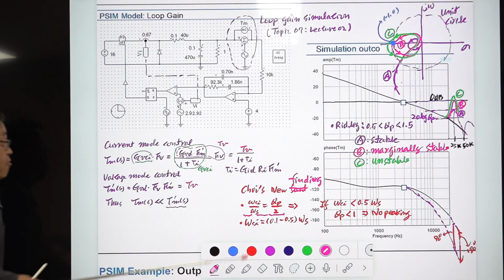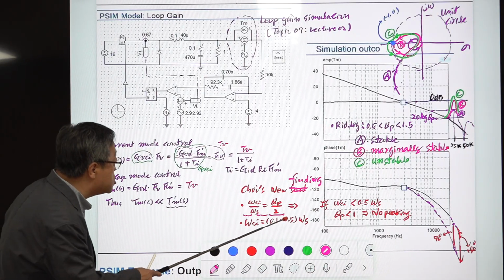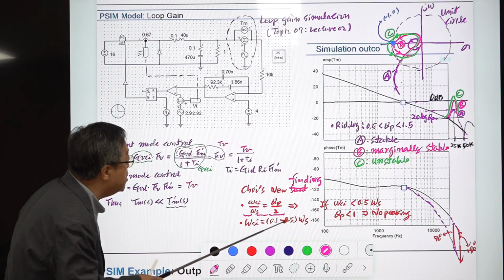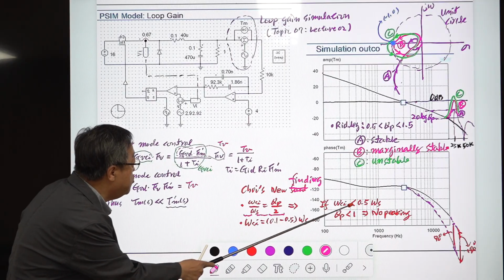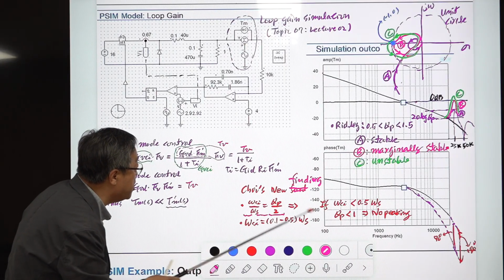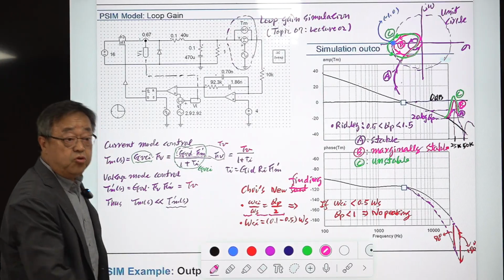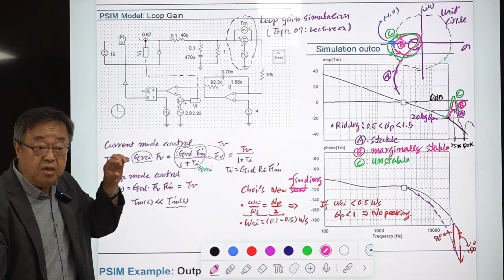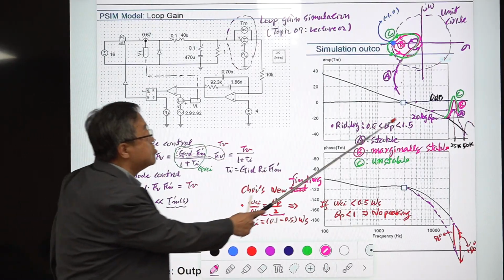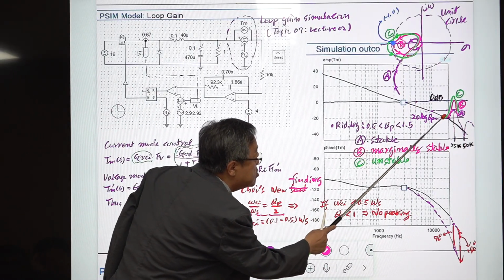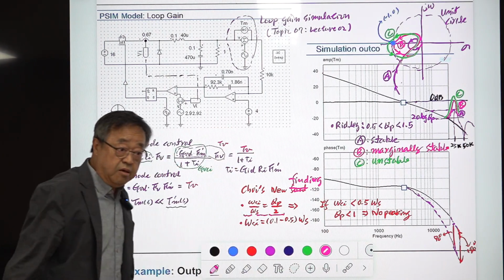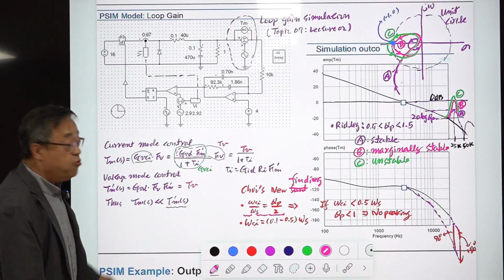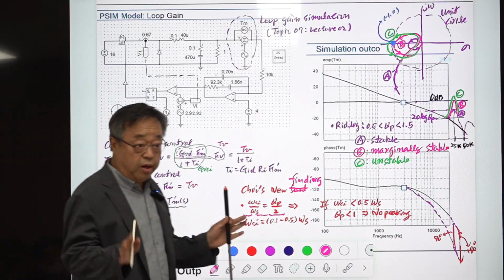So if you select this one, I said you can go as large as 0.5, then you put 0.5 here, and QP becomes 1. With QP of 1, there's no damping, no peaking. 20 log QP is 0 dB if QP is 1, so there's no peaking. Maybe there is something, but there's no peaking. So if you use this rule, then you are safe. You don't have any problem.